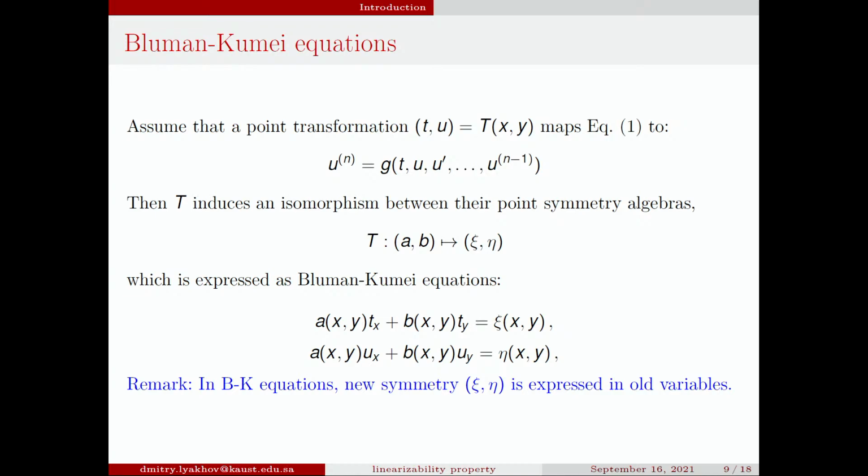So this point transformation actually induces an isomorphism between the point symmetry algebras of these two ODEs, and it can be expressed as follows. You can see A, B is the symmetry algebra from equation 1, and xi and eta is the symmetry algebra for the new one. And in this equation, we should notice that even though we have the new symmetry coordinates xi and eta, they are still expressed in the old variables x and y.